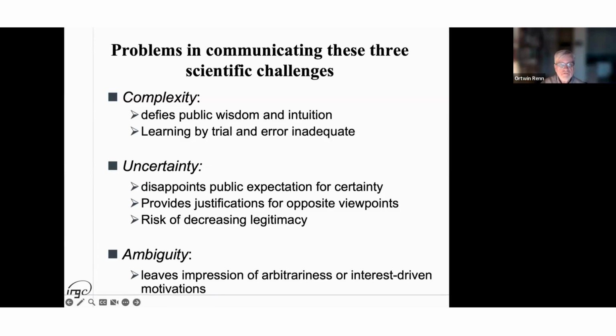A lot of the attractiveness of conspiracy theories comes from the quest for certainty. Conspiracy theories are always certain. They never have anything related to uncertainty. It also provides justification for opposite viewpoints. Always think about smokers.